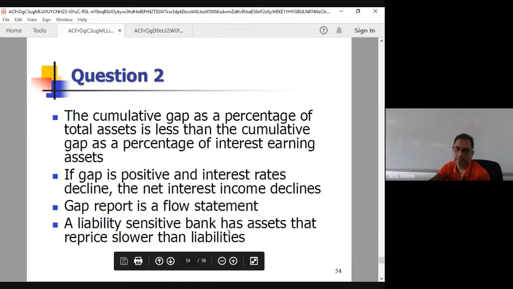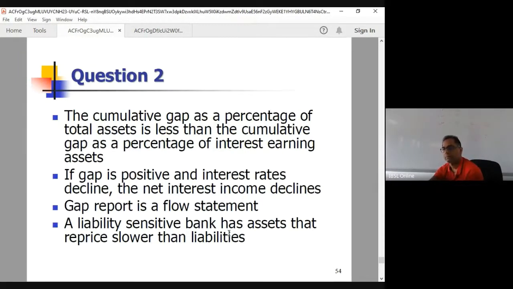In other words, the liabilities reprice faster, which is correct, right? So that is correct. It's just a confusing way of putting the question. So what you need to understand is when it's liability sensitive, your liabilities will get repriced faster than your assets. Simple as that.